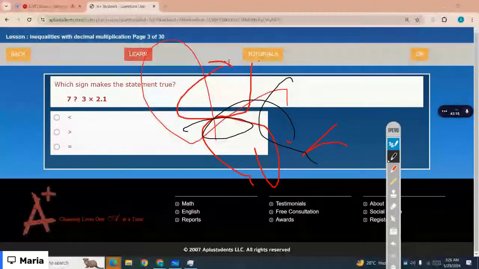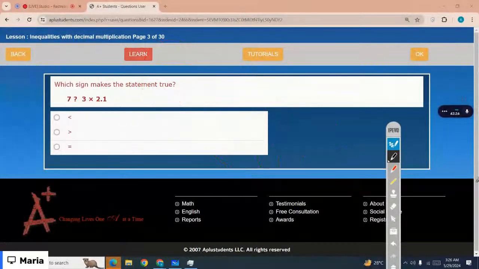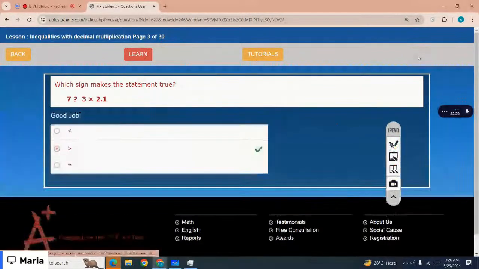So is 7 greater than 6.3 or less? 7 is greater than 6.3. The correct option is greater. Option number 2 is the correct option.